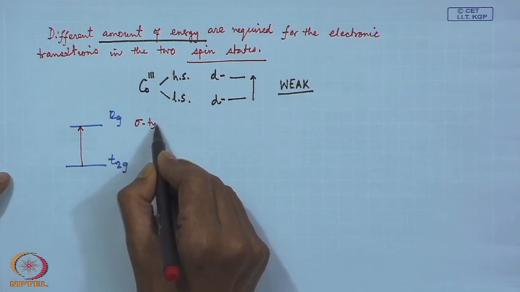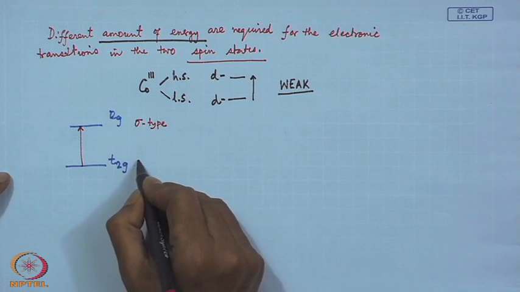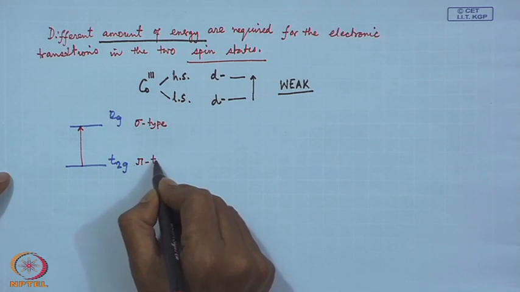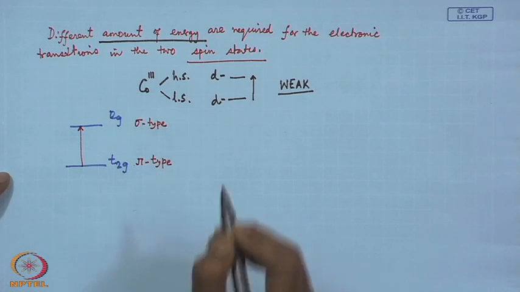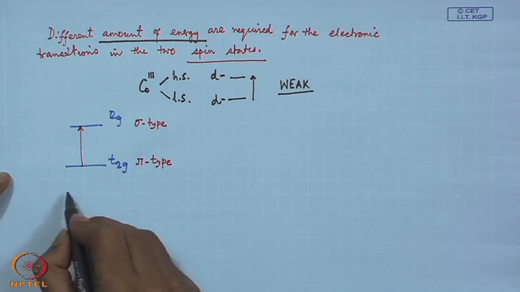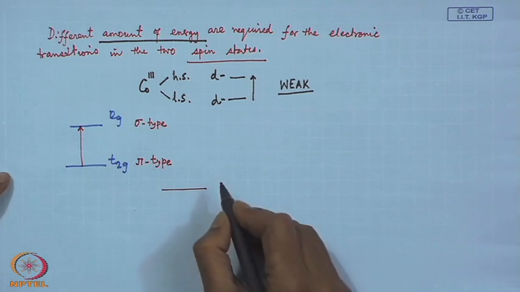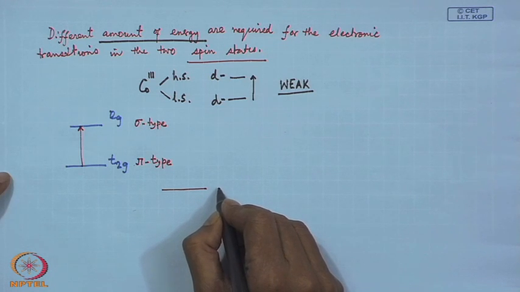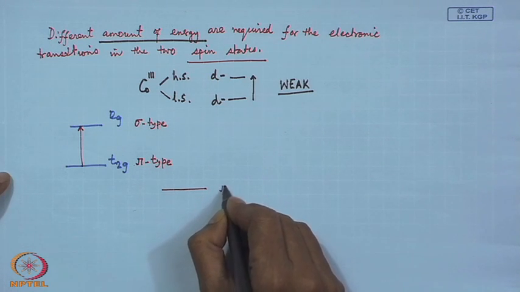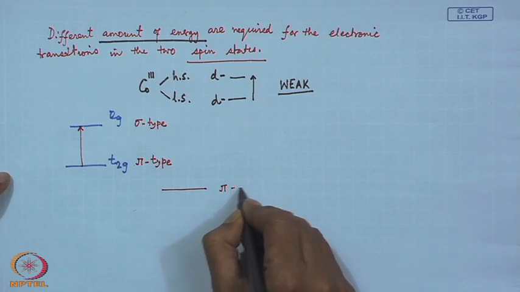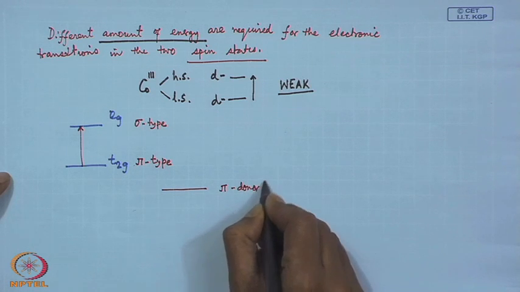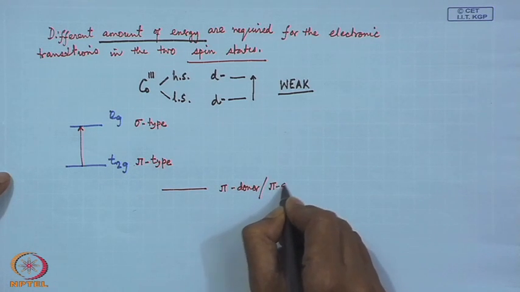So, this is sigma type and this is pi type. And if we have the corresponding ligand orbital somewhere here, so this ligand can be our pi donor as well as pi acceptor.